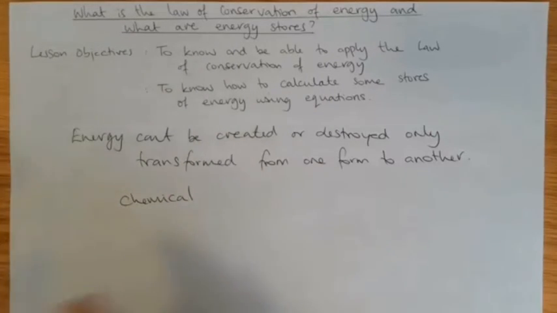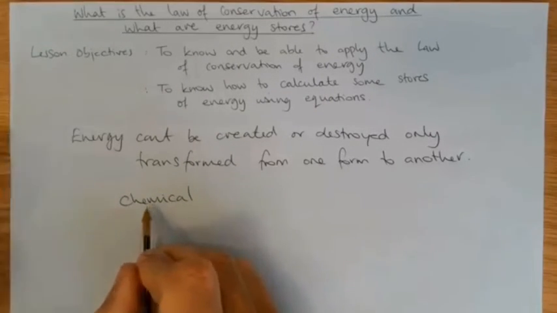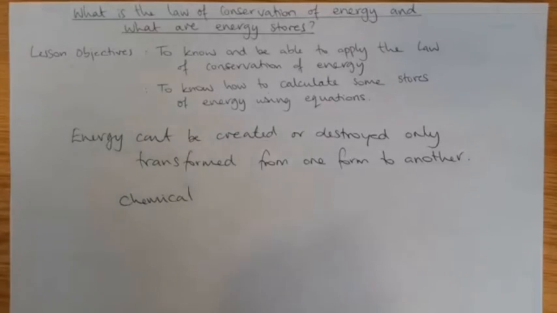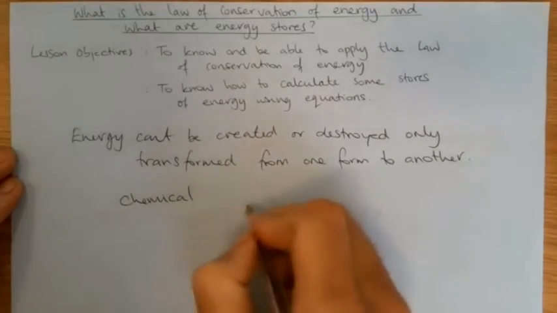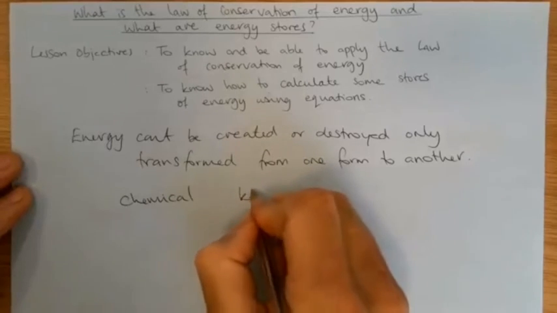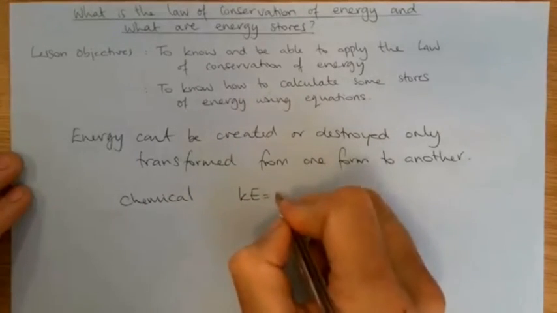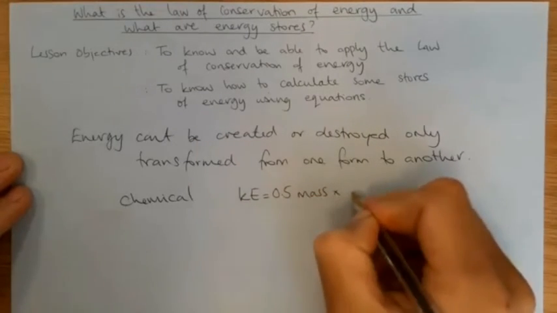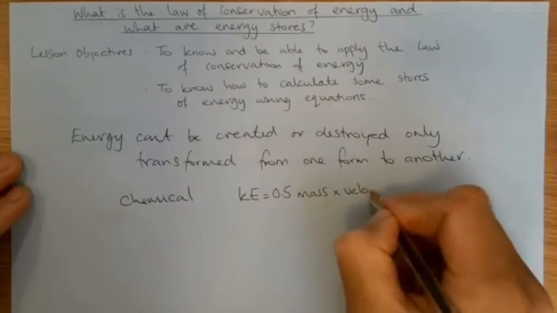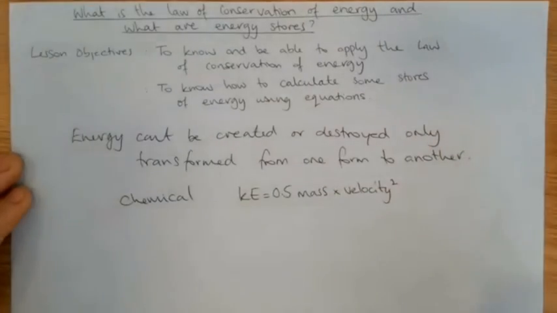We also very briefly thought about food. I mentioned the food that you take in, that's like your fuel, and you use that to keep your thermal energy store where it needs to be, and your movement and other forms of energy that you use. We've considered kinetic energy and the equation, which is a half mass times velocity squared.